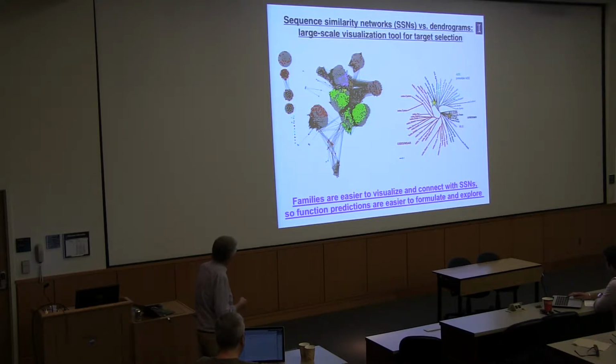On the right-hand side of the slide is a phylogenetic tree or dendrogram for part of the enolase superfamily that Patsy and I used to collaborate on. And on the left-hand side is a sequence similarity network for the same sequences. I always looked at these trees and said, these are a bunch of twigs and sticks, and I haven't the slightest idea how to interpret them and to separate one from another.